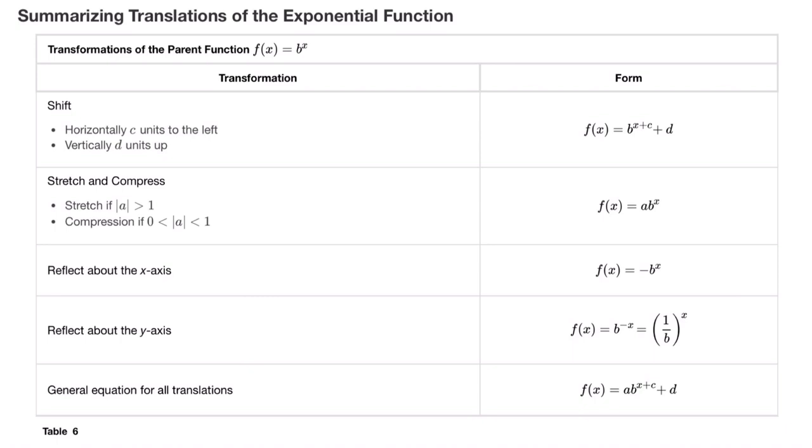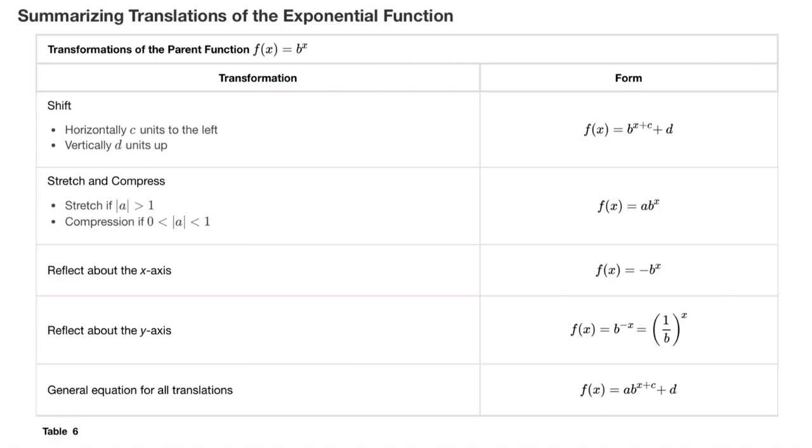So that's 6 of the 10. The last four are stretching and compressing either vertically or horizontally. If we're going to stretch it vertically, we multiply the outside of our parent function by a number larger than 1. If we multiply the outside by a number between 0 and 1, it compresses it vertically. So that follows our intuition.